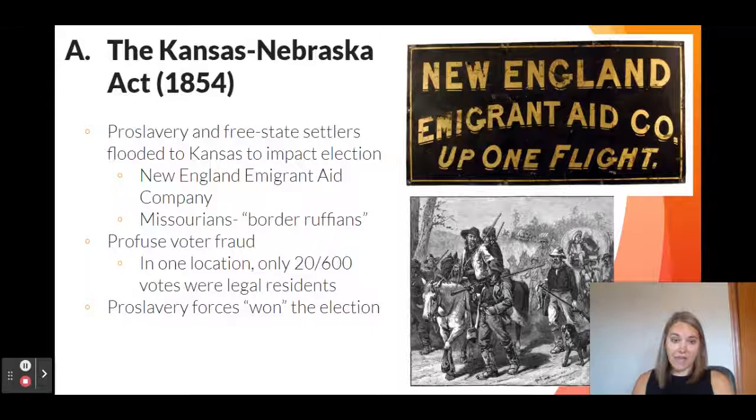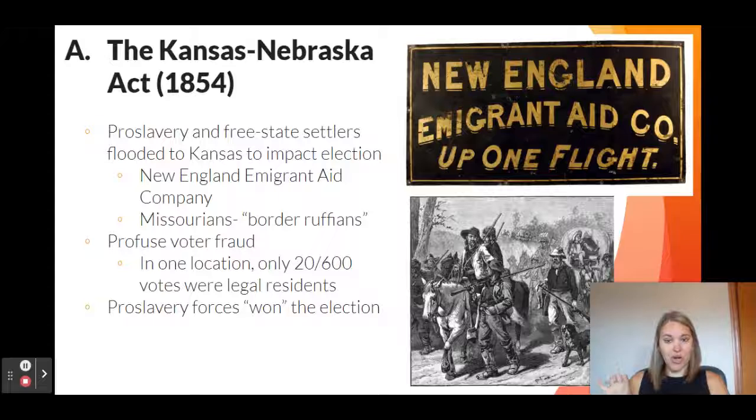So what happens after this act is passed is something that's called Bleeding Kansas. Once people are aware that the people living in the territory are going to get to choose, settlers flood to Kansas to impact the election. In fact, a group called the New England Emigrant Aid Company helped pay for people to move to Kansas in order to vote for it to be a free territory.